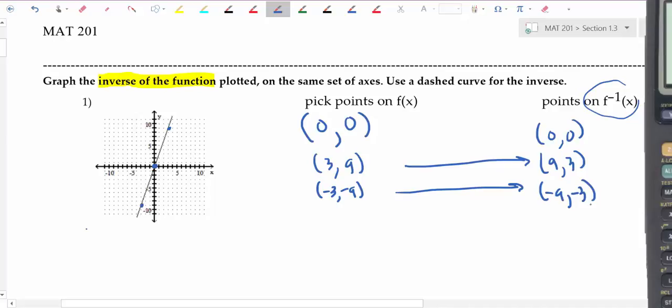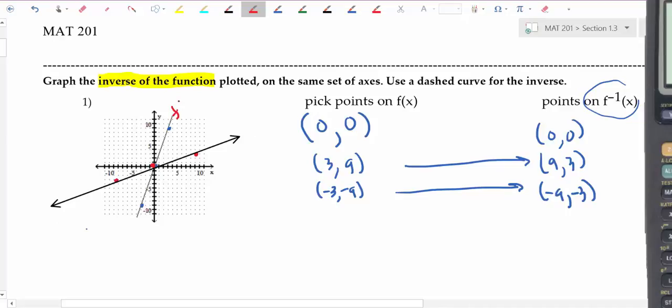Now let's plot those points. An inverse is real simple. x and y get interchanged. So you'd still have 0, 0, but now you would be over 9 and up 3, and then you would be left 9 and down 3. Then you've got your line that you can draw like that. So that's the graph of your inverse.